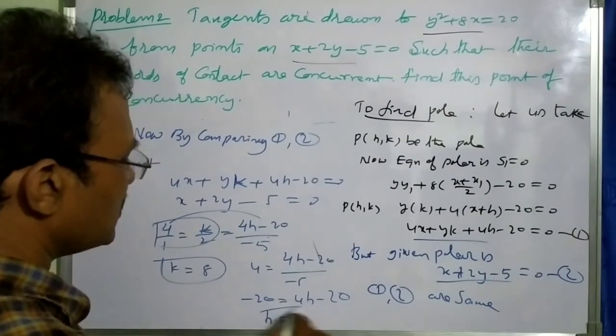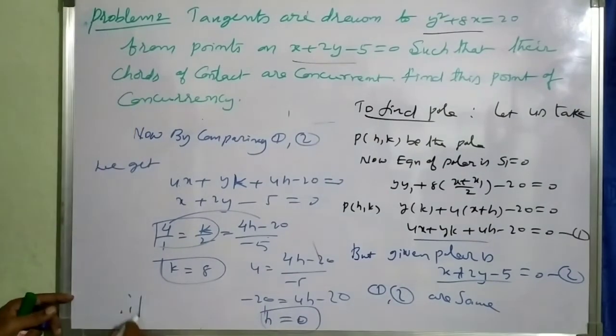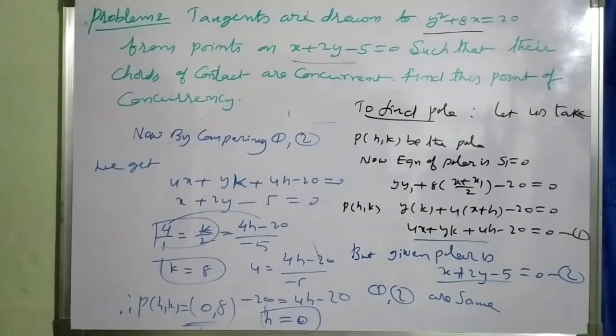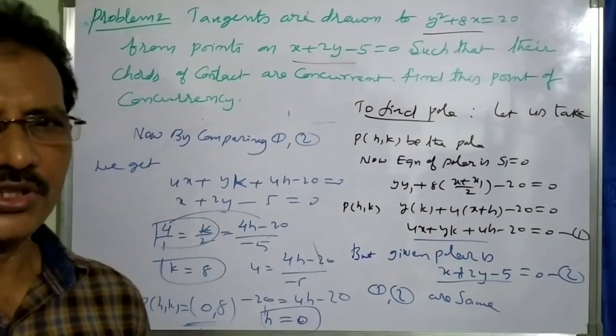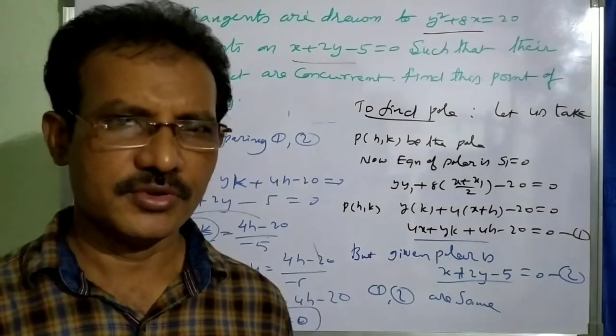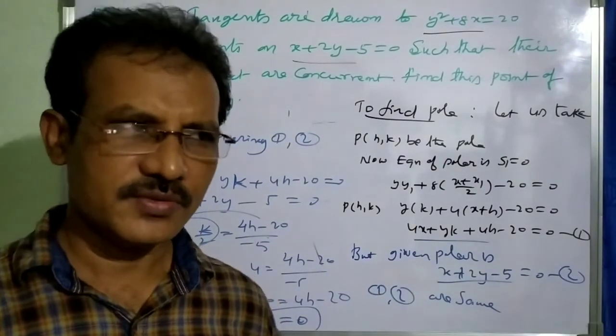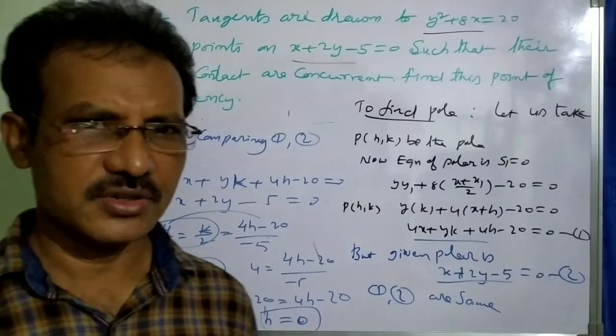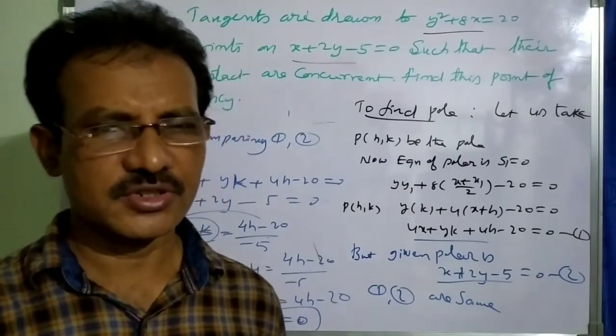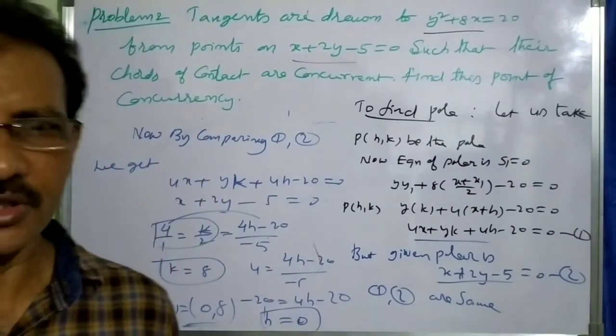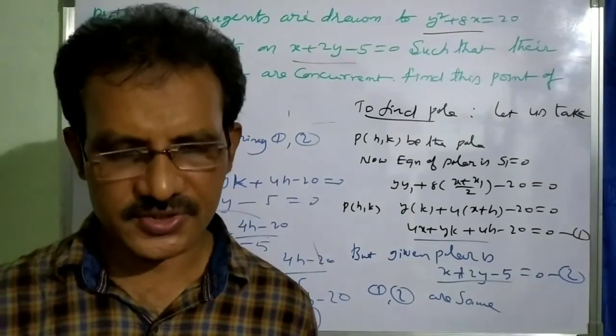Therefore the required point P, H, K is 0, 8. It is the pole. We assumed P, H, K to be the pole and found the polar, and by comparing the given equation with that polar equation, you get P, H, K. This is the first method.